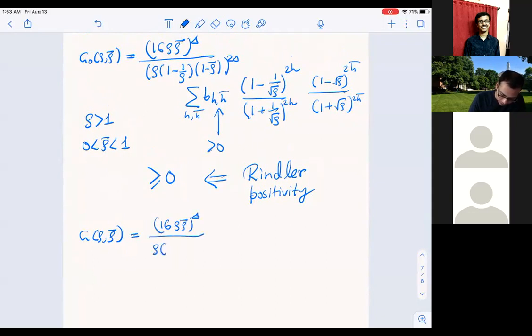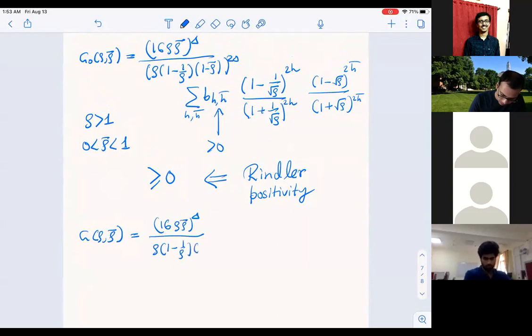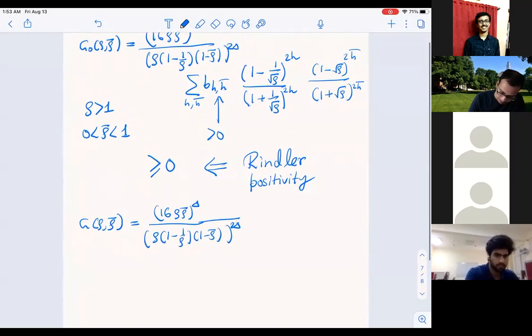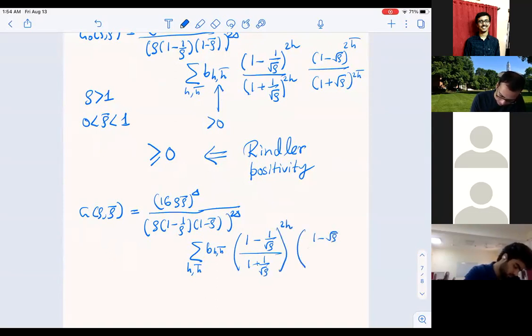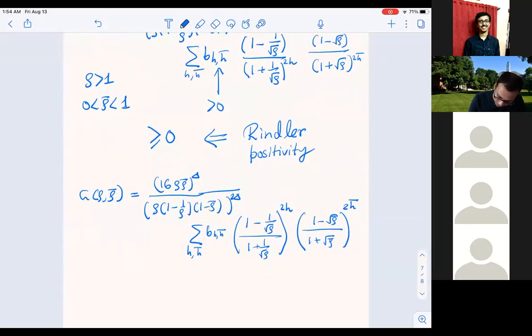Once I do that, the difference is now there is a phase factor.